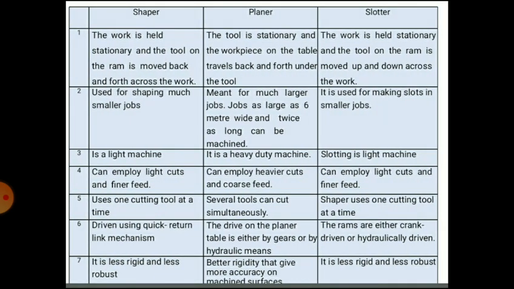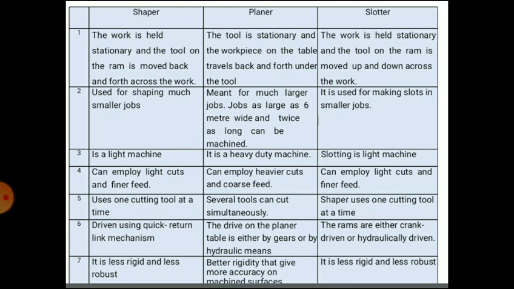So the difference between shaper, planer and slotter is given here. First, regarding the working principle: in a shaper, the work is held stationary and the tool on the ram is moved back and forth, that is, it reciprocates across the work.